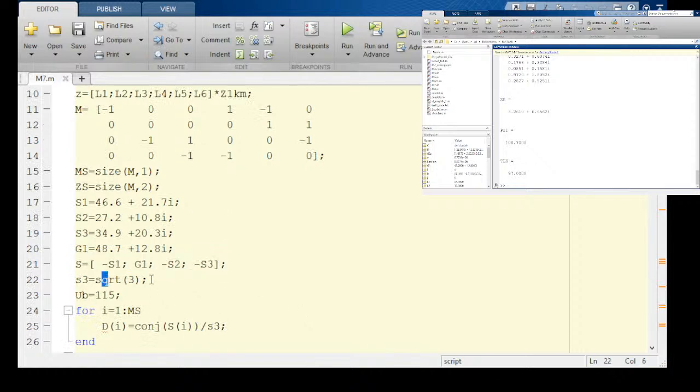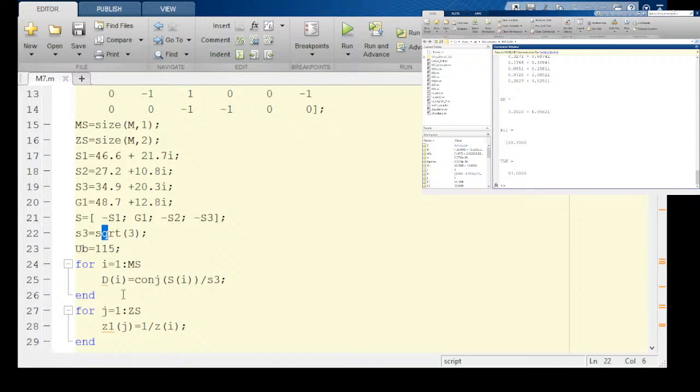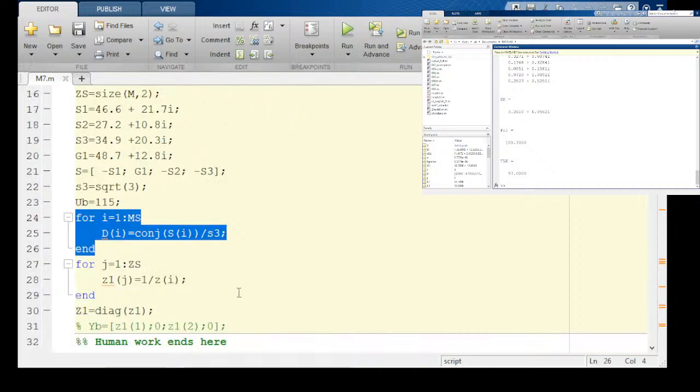I define square root of 3 just because it gives a bit of speed up. It's a constant. Here you can see I'm creating D in the form of a vector. I don't want to store a bunch of zeros.